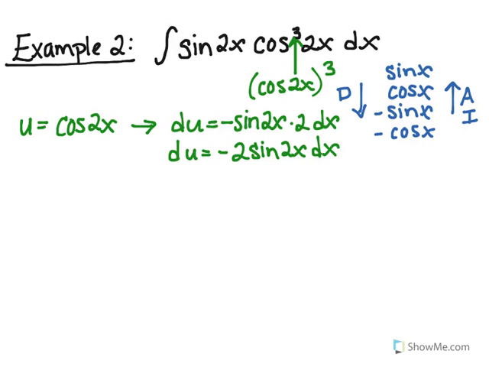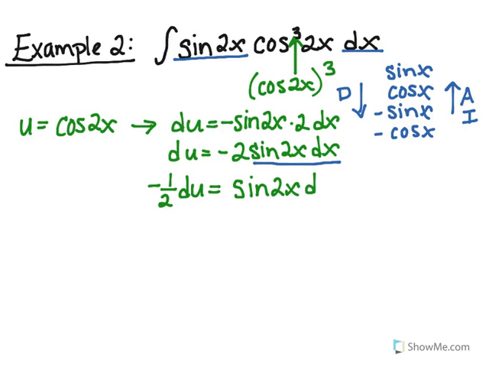Now I have something very similar to that in the original problem. I have sine 2x dx. I need to get rid of the negative 2. So I'm going to divide by negative 2 on both sides, or multiply by its reciprocal. So I'm going to end up with negative 1/2 du is equal to sine 2x dx.